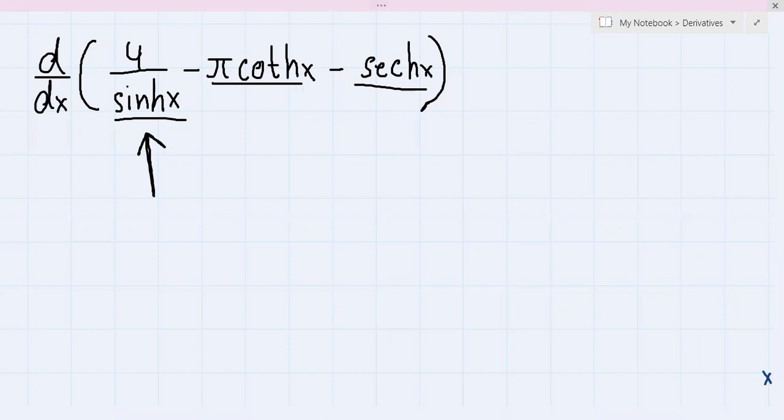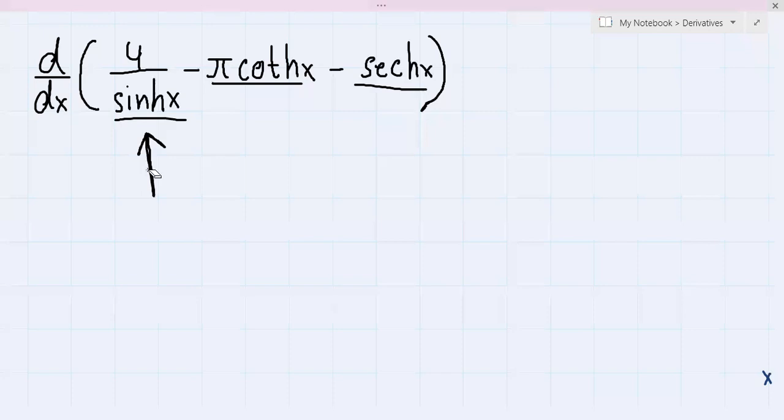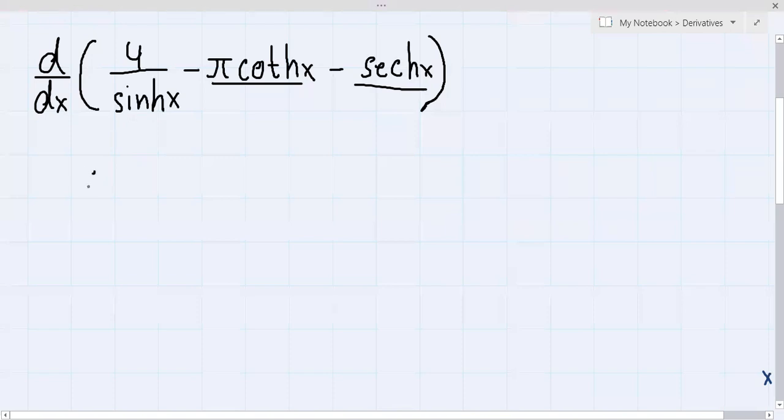So, is there another way besides using the quotient rule? The answer is yes, there is. And what would that be? By simplifying it. Here, we can simplify 4 all over sinh x.